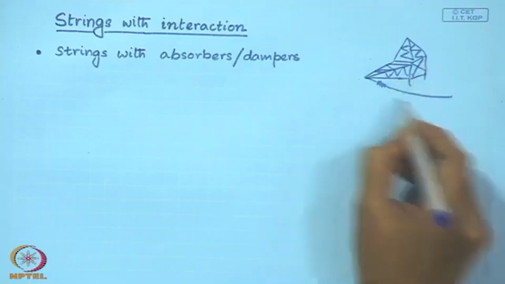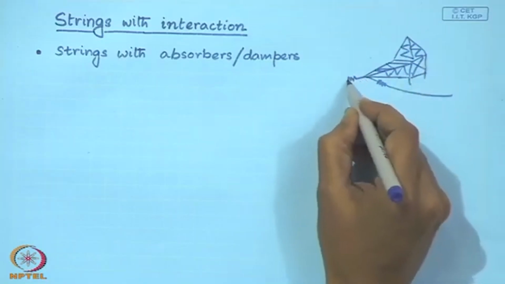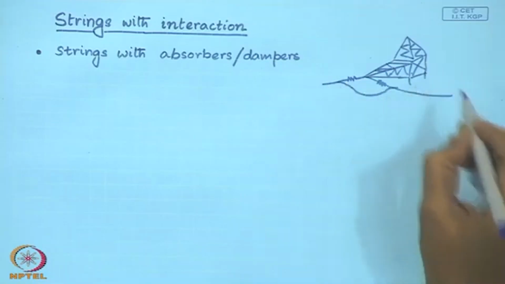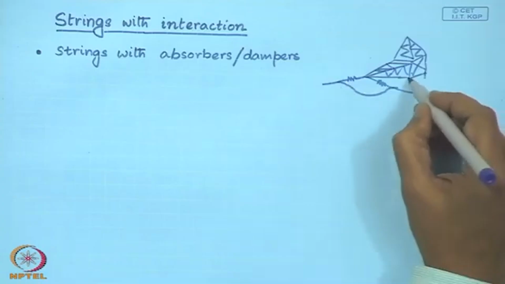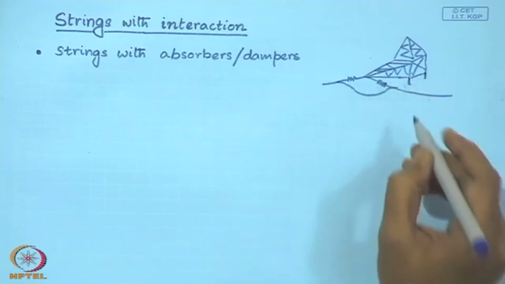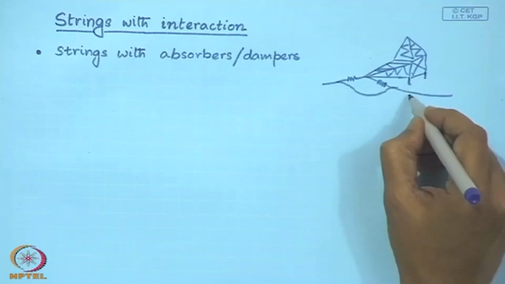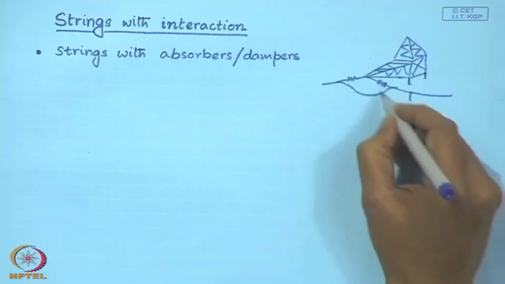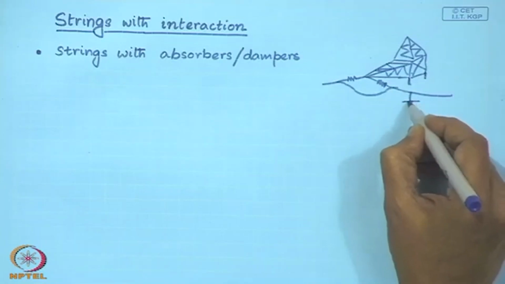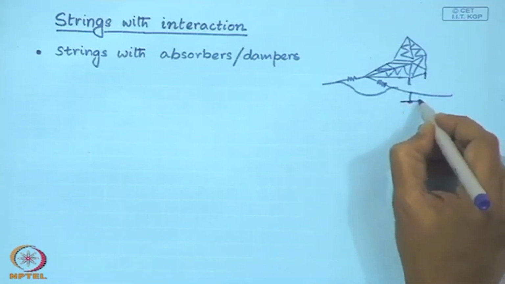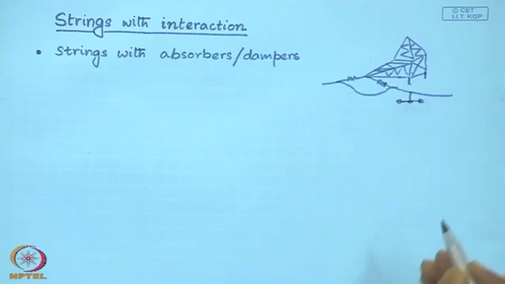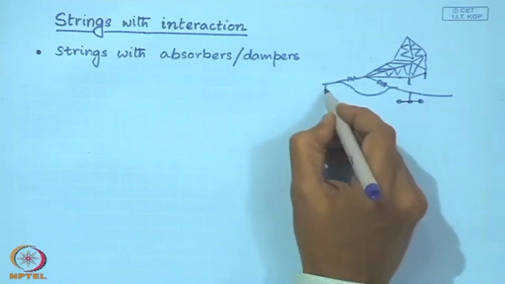Here is the pylon, and you must have seen such structures carrying high tension cables. If you look carefully near the support point, you may be able to see something hanging like this.